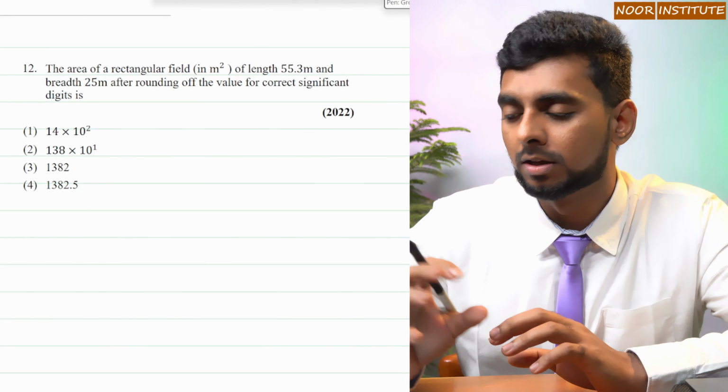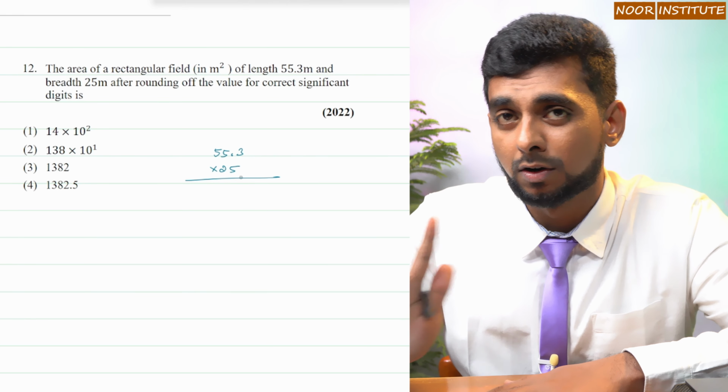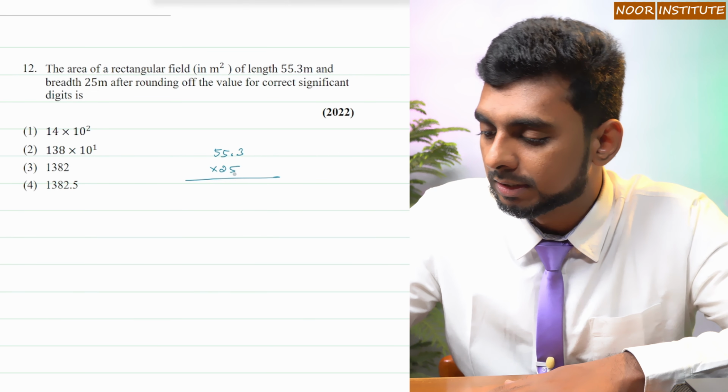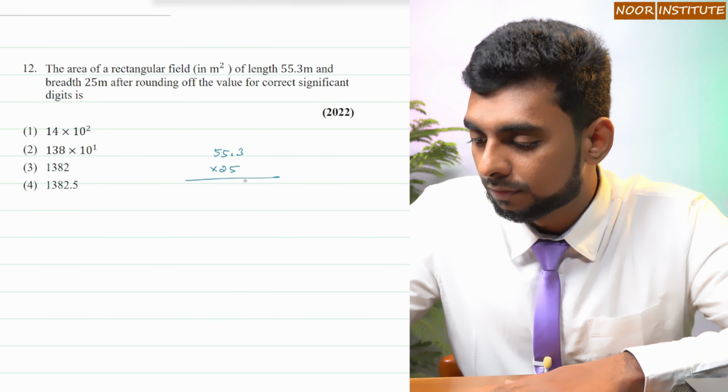Let's do the multiplication straight away, which is 55.3 into 25. If I do the multiplication of the length and the breadth, then I'll round it off to two significant figures. So 5 fives are 25, 2 carry, 25, this is 27, 3 twos are 6, 10, 1, 11.